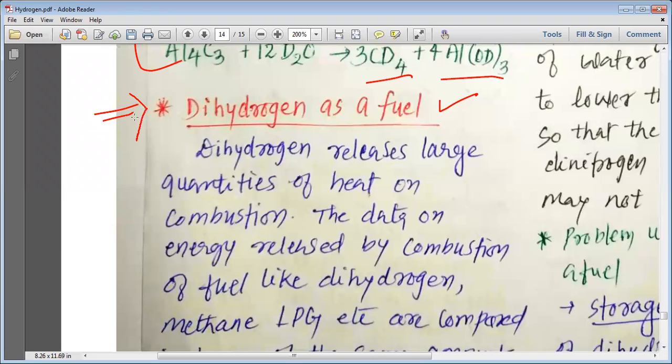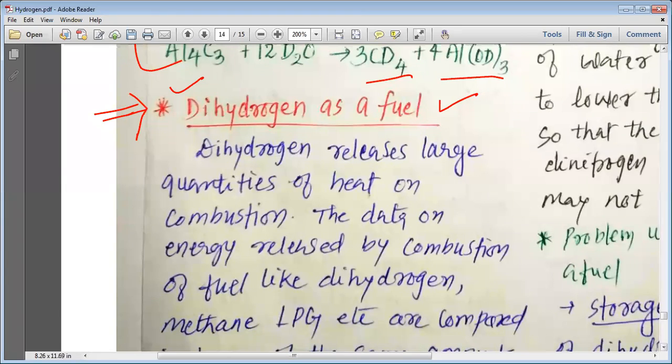And when water is produced in space, that can be utilized for drinking purposes. So this is how, my dear students, using dihydrogen as a fuel in space is advantageous, especially when it comes to traveling through space.